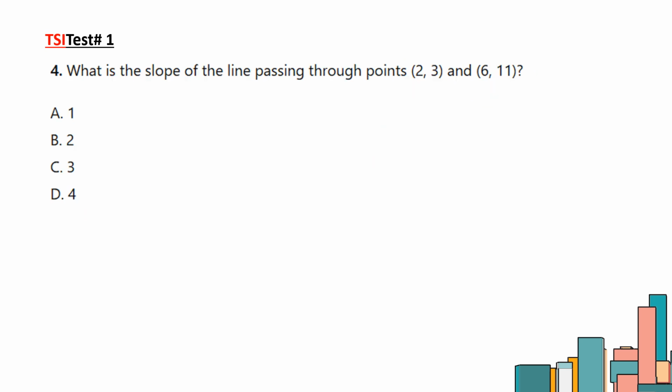Question number 4. What is the slope of the line passing through the points 2, 3 and 6, 11? The slope m is equal to y2 minus y1 over x2 minus x1. Remember, as long as the subscripts are the same on top and bottom, you will be fine.